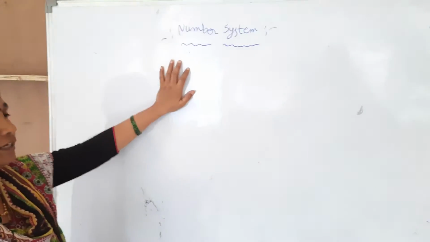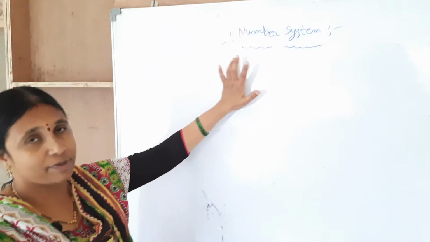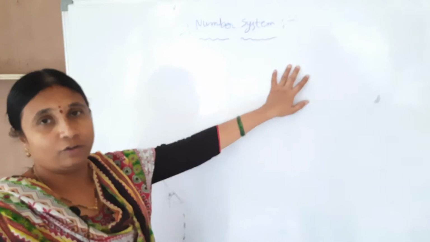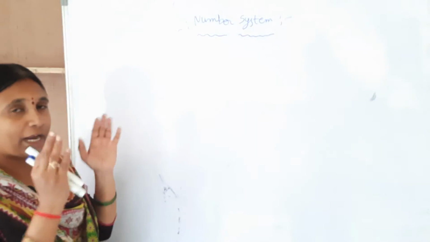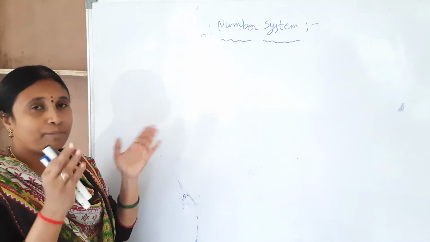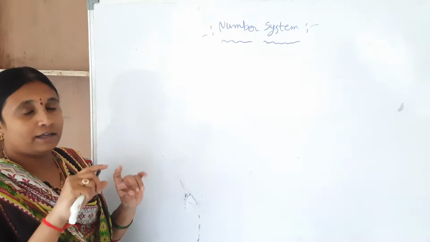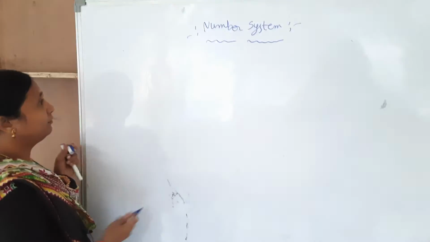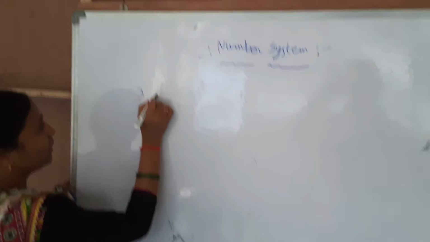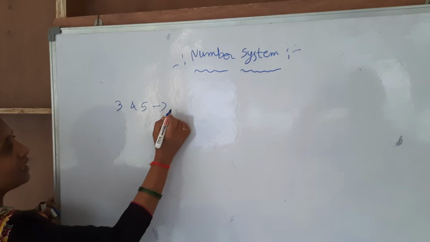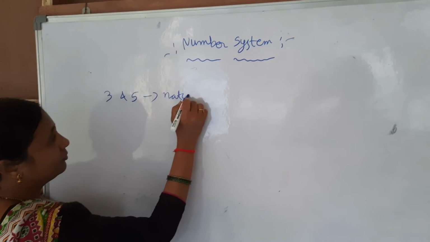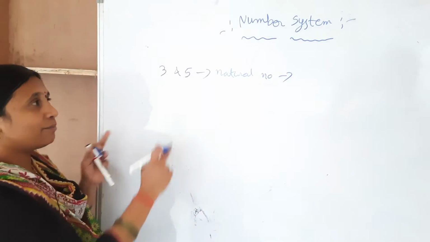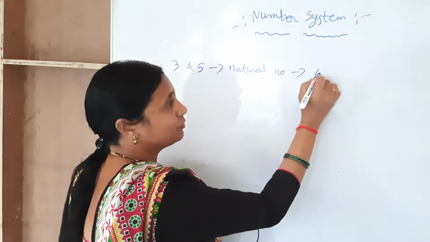Till now I have explained what the numbers in the number system are and how we can represent these numbers on the number line. Now I am going to explain the middle numbers, the numbers between two numbers. Suppose I am taking the two numbers 3 and 5. What is the natural number between 3 and 5? That is 4.